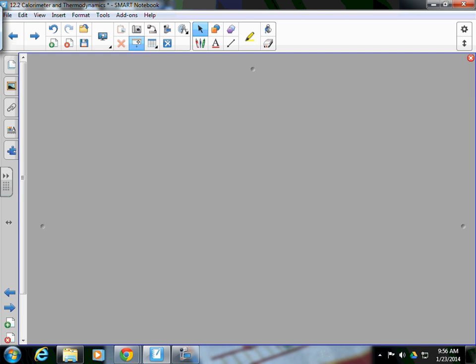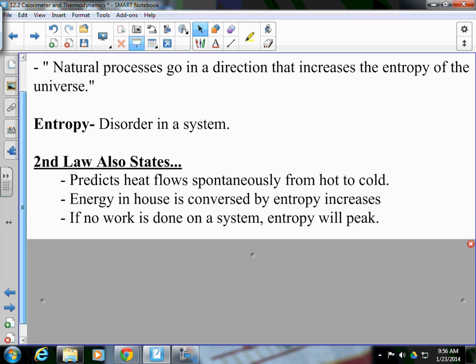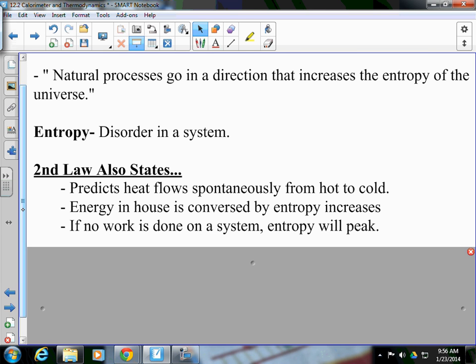We talk about the second law of thermodynamics. Natural processes in our universe or in our world go so that entropy is increased. What is entropy? Disorder. Entropy is disorder. So natural processes go so the entropy is increased.